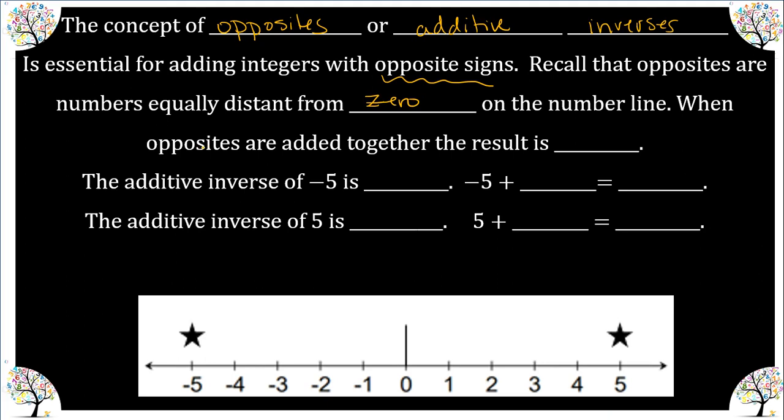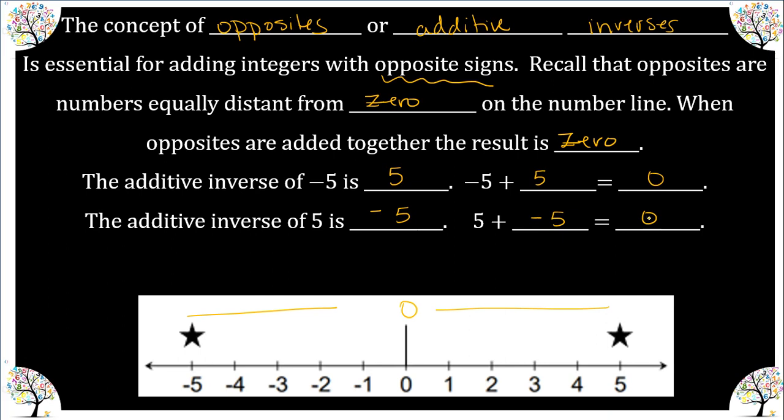When we add opposites together, the result is 0. So if we have -5 plus +5, our answer is 0. The additive inverse of -5 is +5, therefore -5 plus 5 is 0. They cancel each other out. The additive inverse of +5 is -5.